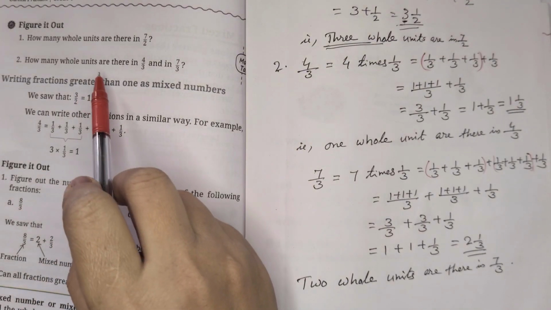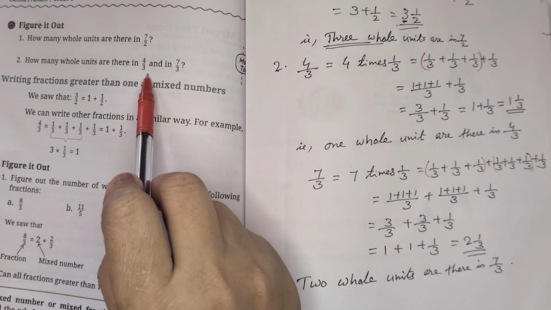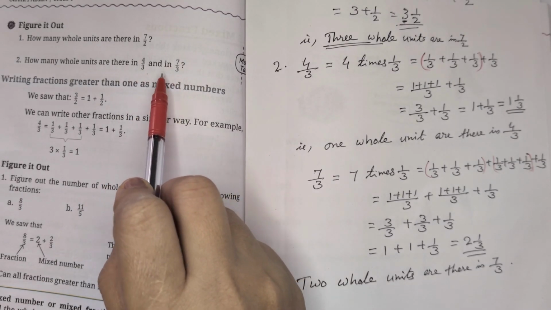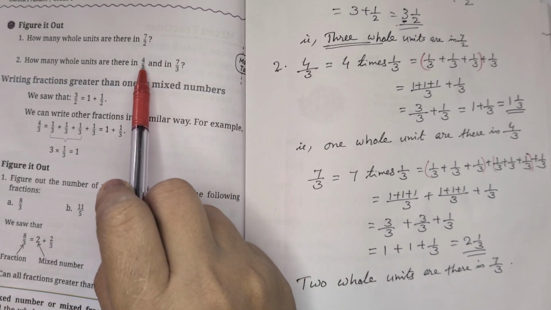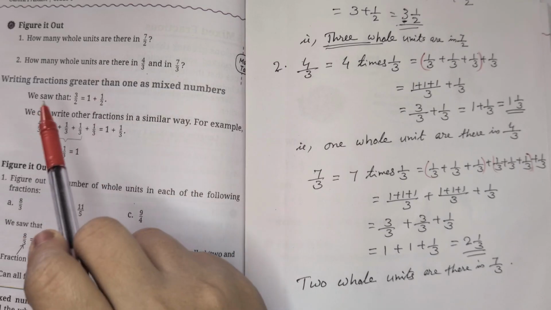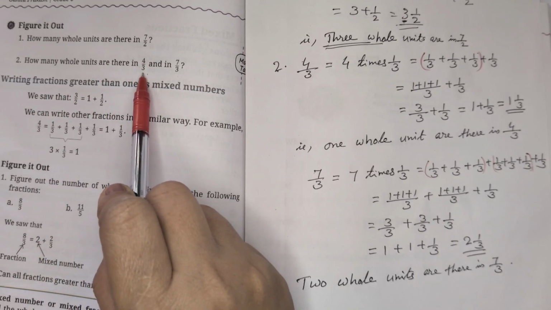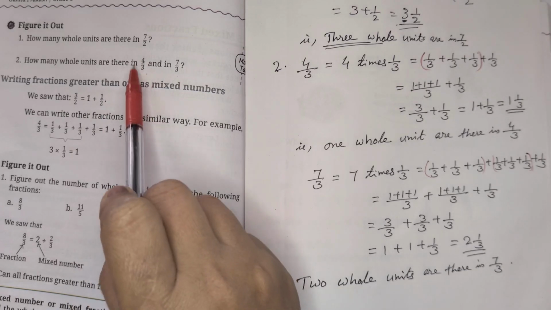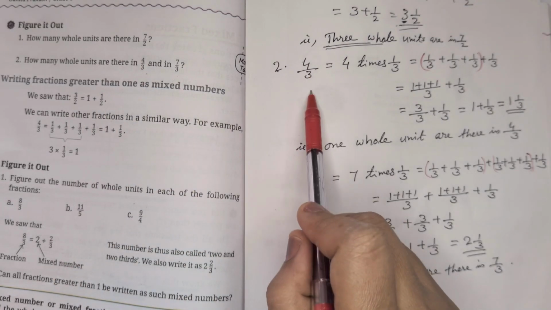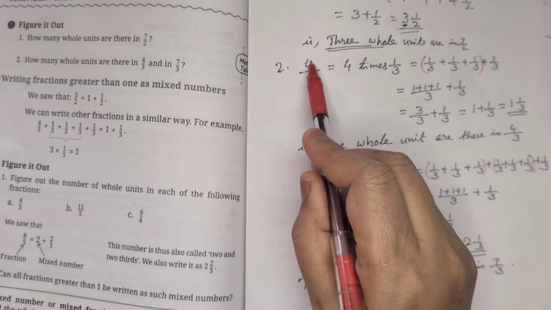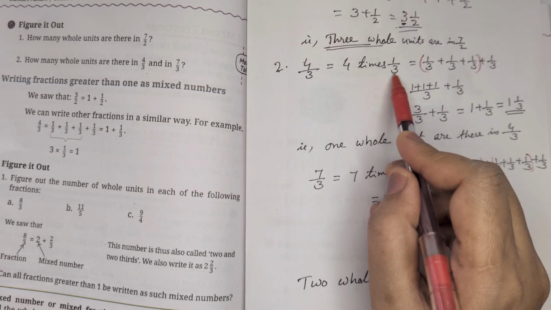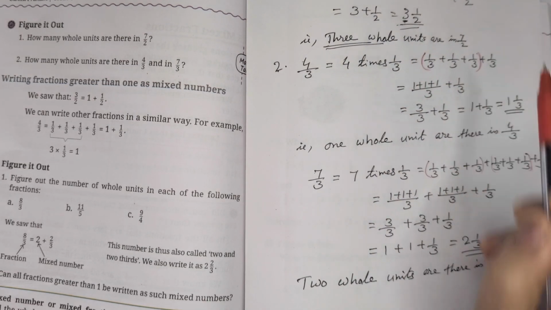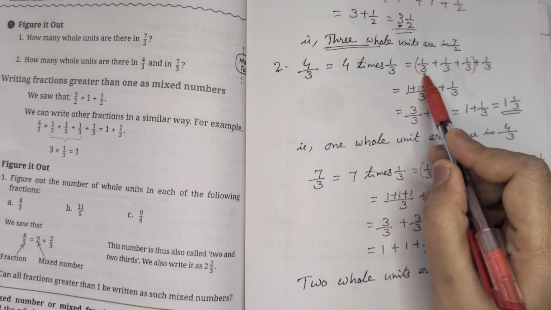Second question, how many whole units are there in 4 by 3 and 7 by 3? Both fractions are greater than 1. Here the numerator is greater than the denominator, and here also the numerator is greater than the denominator. So we look at the first one, 4 by 3, which means 4 times 1 by 3. Look at the denominator, that is 3.